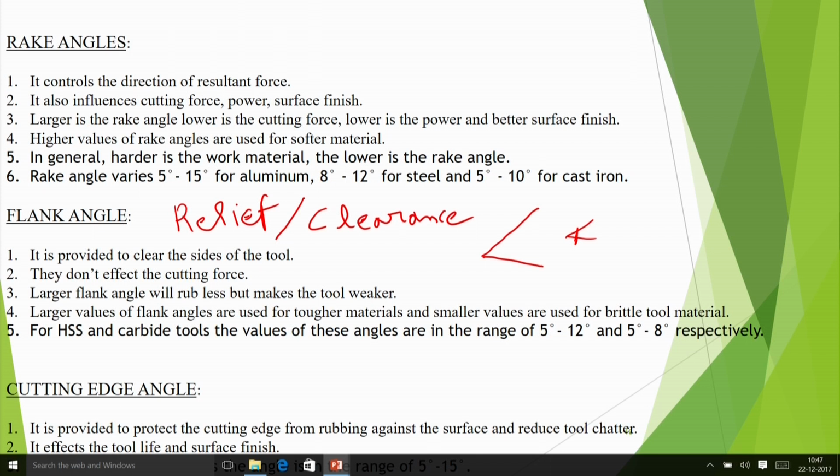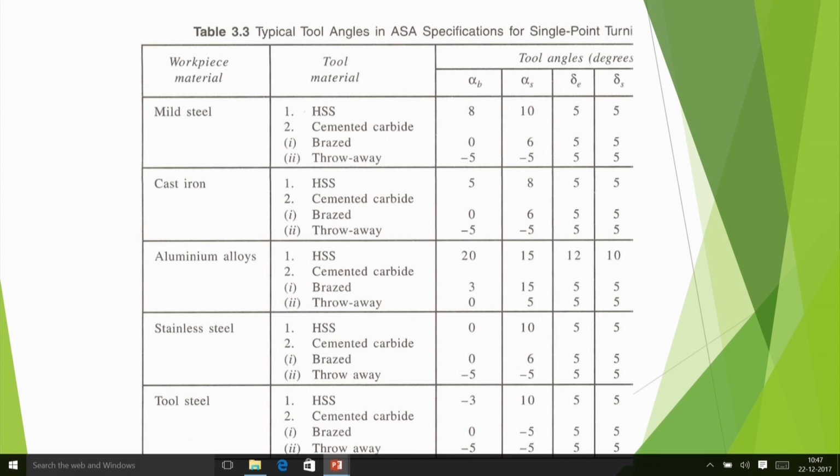In the next lecture I am going to tell you how these angles are related to each other. Here typical tool angles in ASA specification for single point turning are shown. Suppose the workpiece material is mild steel, tool material is HSS, cemented carbide, brazed one, then throwaway tips can be there, that you machine and throw away that tip.